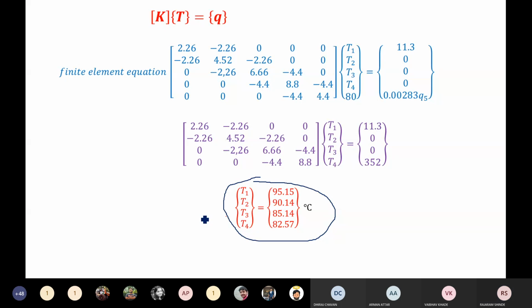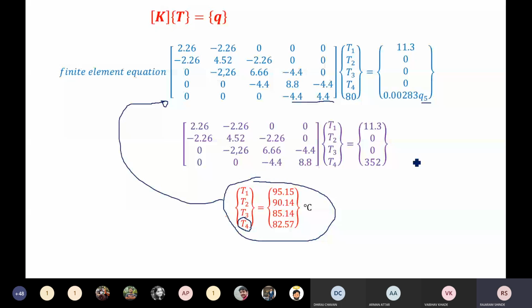Okay. Now after that what you have to do, you go back to this full matrix. Here you put this value of T4 in equation number 5, and calculate Q5.